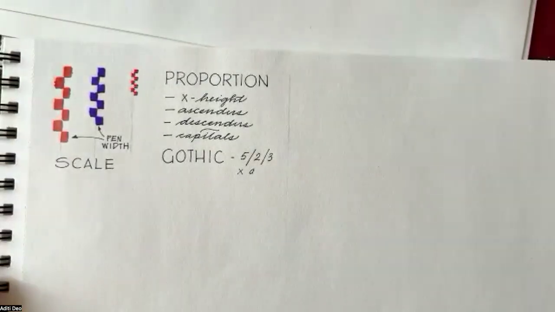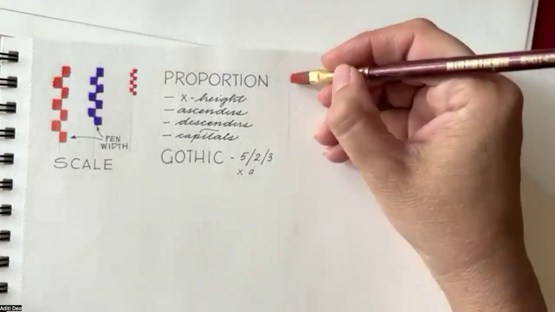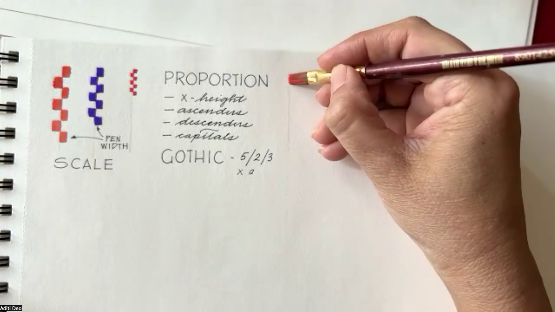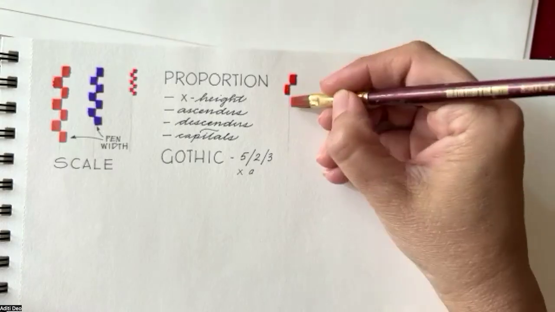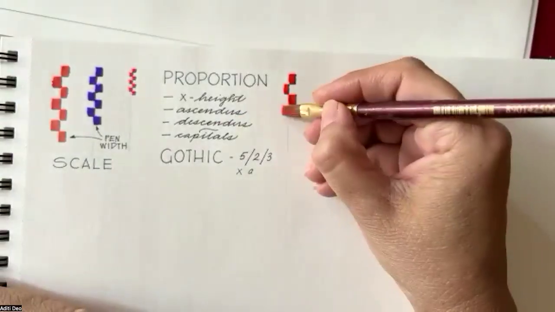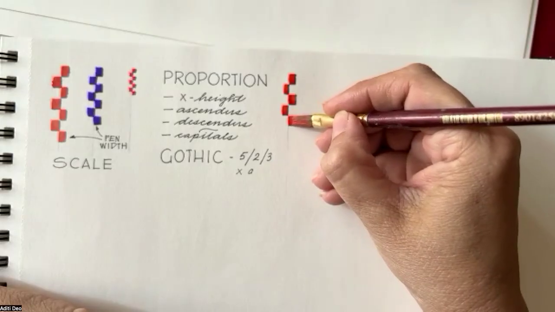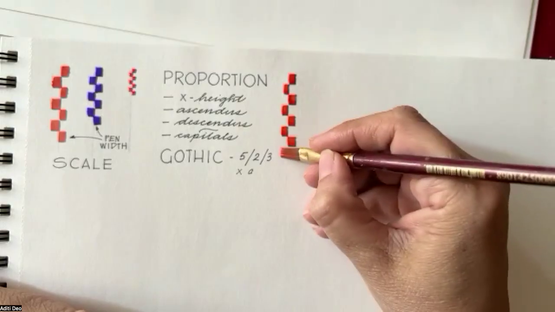Okay, let me make this for you. So start off with 1, 2, 3. This is going to be for the capitals. 4, 5, 6, 7, 8.